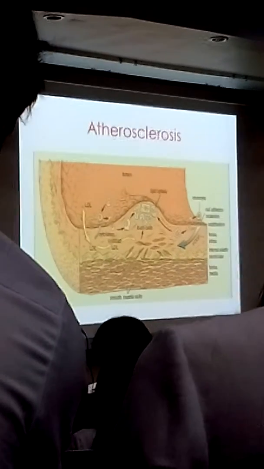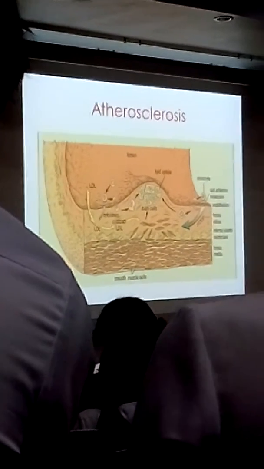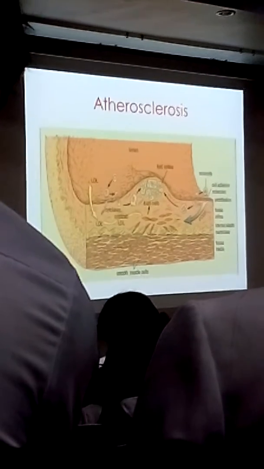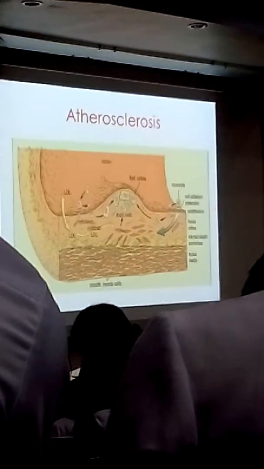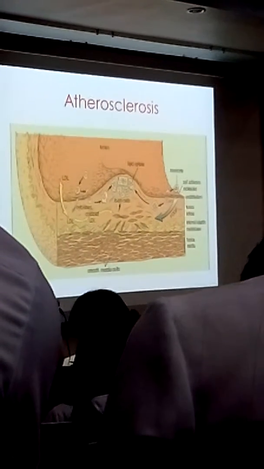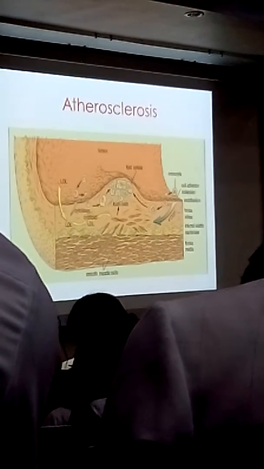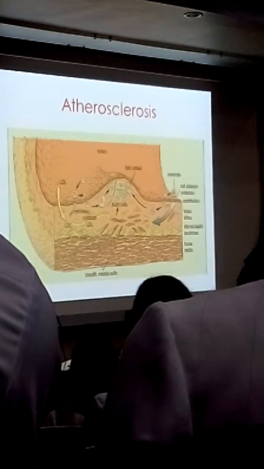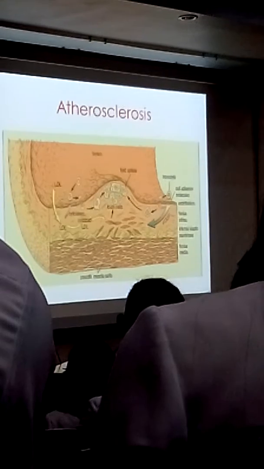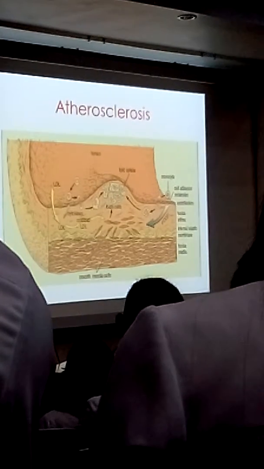So one of the most important abnormalities encountered in clinical practice is atherosclerosis. It is the most common acquired abnormality in blood vessels. So basically, the lesion develops primarily in the tunica intima of the large elastic vessel after an endothelial injury.